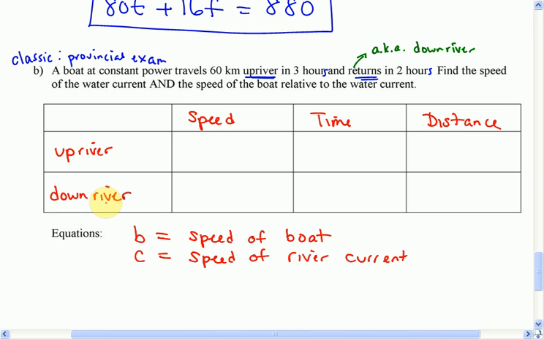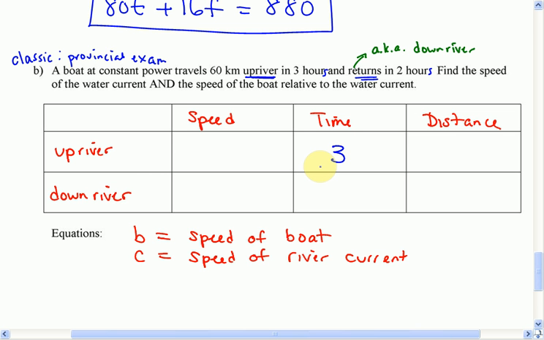Okay, so it's time to fill out the chart. What do you know? Nothing. Okay, good. That's why you're here, to learn. Read the question. What does the question say? Upriver 3 hours. So I can put a 3 in that spot right there, right? 3 hours.